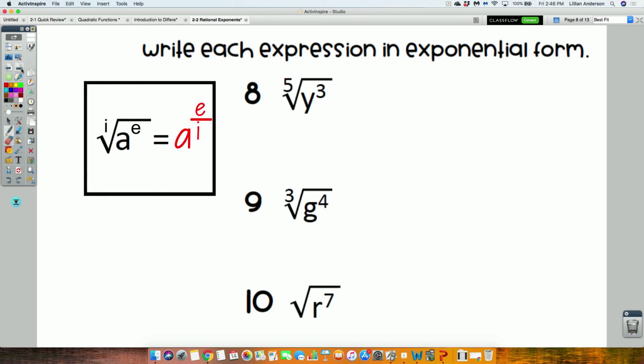You can go the other way. If it's given to you in radical form, you can go to exponential form. This will be y to the what power? Careful. 3 over 5. Your index is always your denominator. So that 5th root always goes in the bottom.